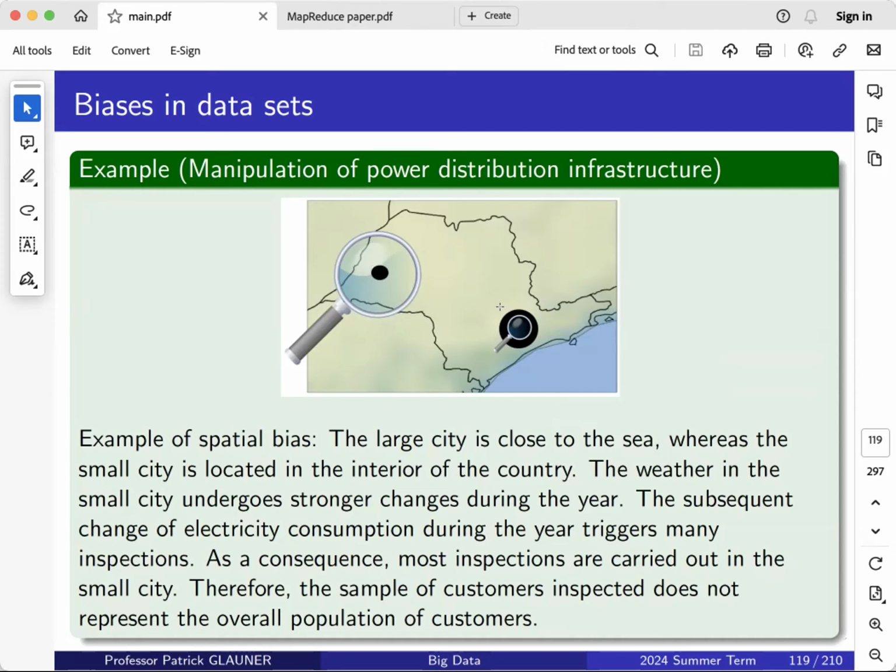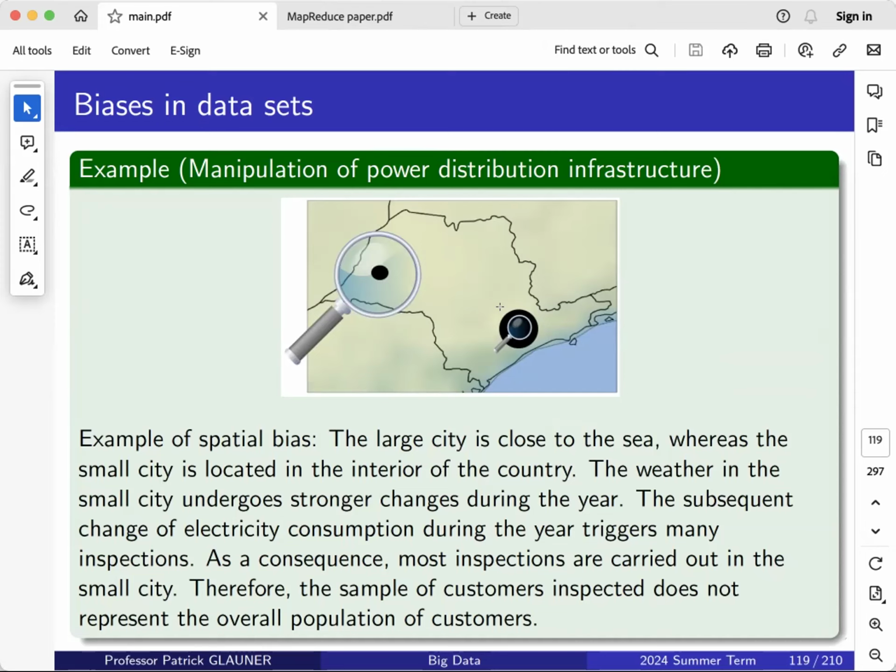For example, some meters or some types of meters are easier to inspect than others, or some kind of meters are easier to manipulate than others. And when I maybe inspect the meters that are more easy to check than others that are more difficult to inspect, I'm again creating a bias.